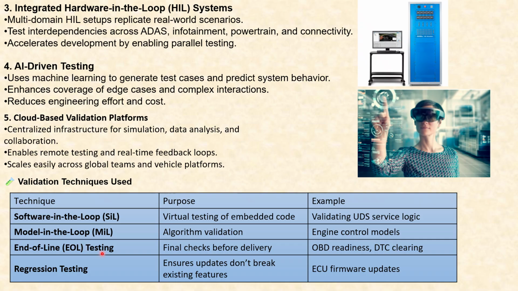Next is end-of-line testing: final checks before delivery, for example OBD readiness and DTC clearing. And regression testing ensures updates don't break existing features, for example ECU firmware updates. So these are the various validation techniques used.